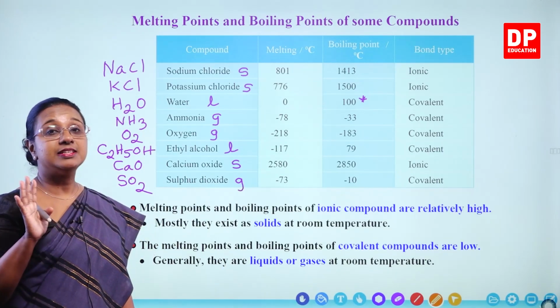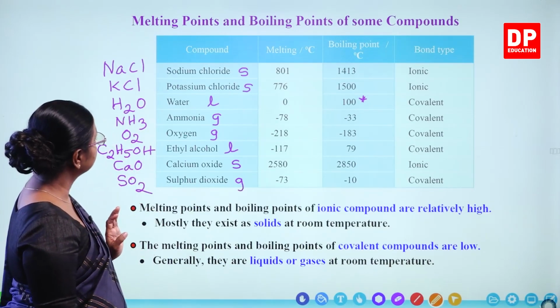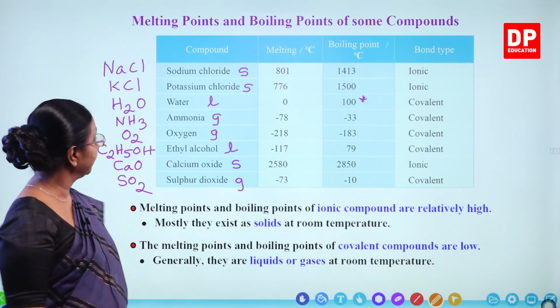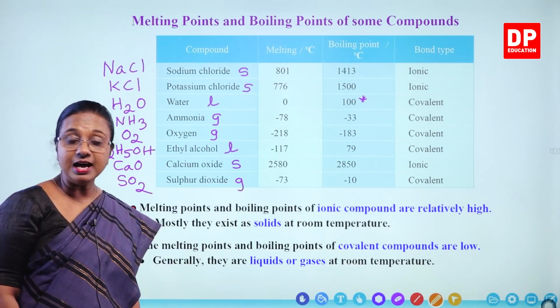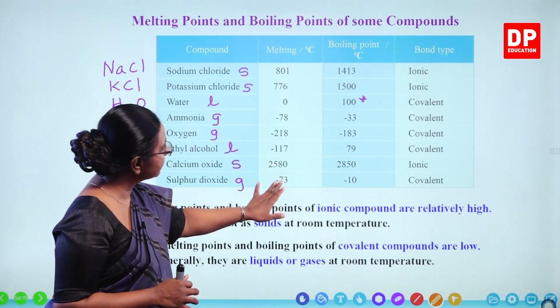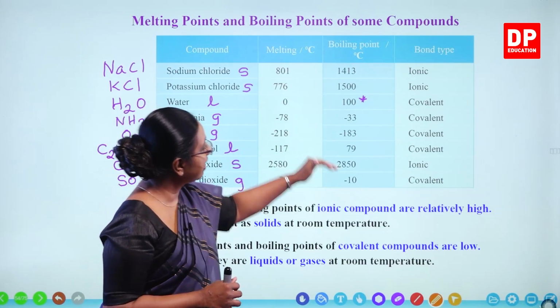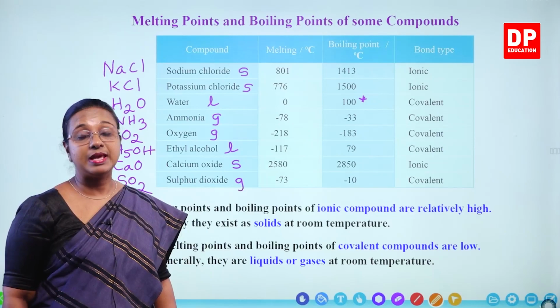So they exist as solids at room temperature. But if you take the other compounds, water, ethyl alcohol, they are liquids. Ammonia, oxygen and sulfur dioxide, they are gases. So they are gases, that means they have both melting point and boiling point less than that of the room temperature.